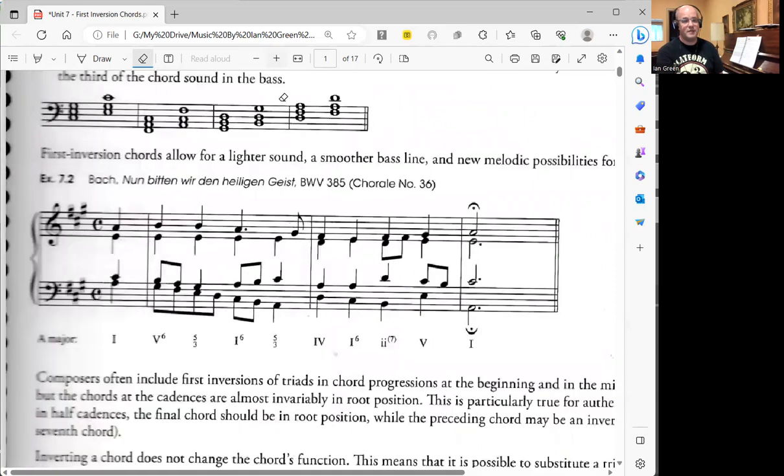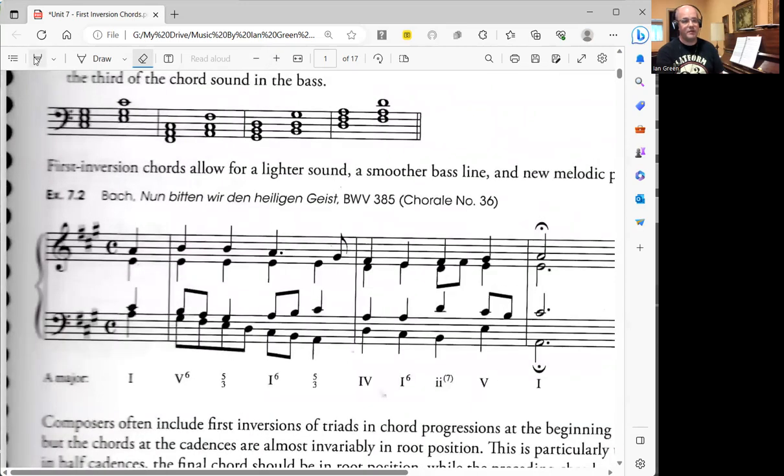Now, something else that's an interesting overview I can speak on is that by highlighting the little 6 here, that tells us, with each of these chords here, that they are first inversion chords whenever there's an Arabic or traditional 6 written beside the Roman numeral that outlines the chord itself.